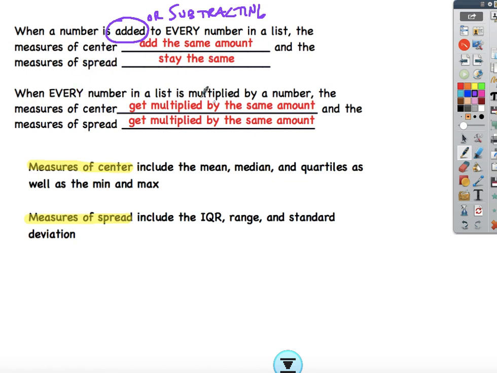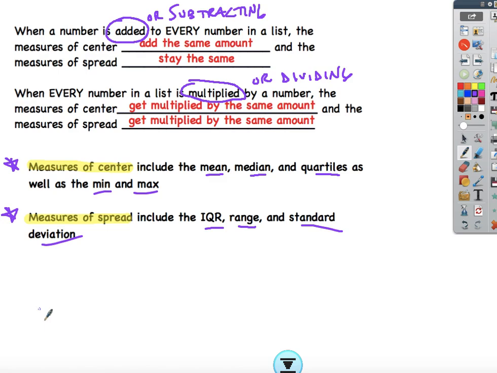If you are multiplying, or technically dividing, every term in a list by the same number, the measures of center and the measures of spread get multiplied by that same amount. Now, if you're wondering what is considered a measure of center, that's your mean, median, quartiles, minimum, and maximum. Measures of spread would be your IQR, range, and standard deviation.